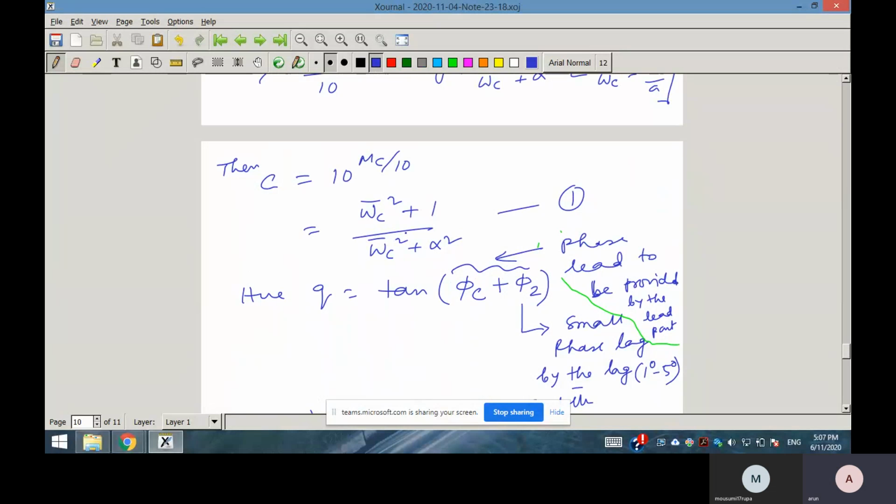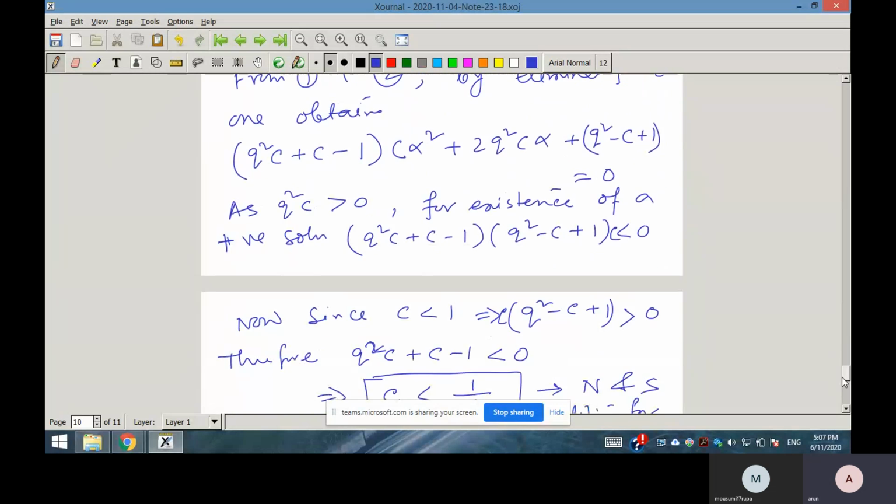Omega c square will be equal to what? Omega c square, you can get it, will be 1 minus c divided by alpha square c minus 1.